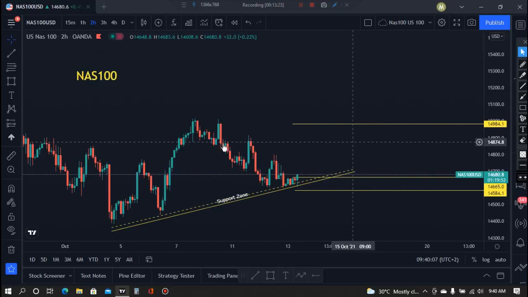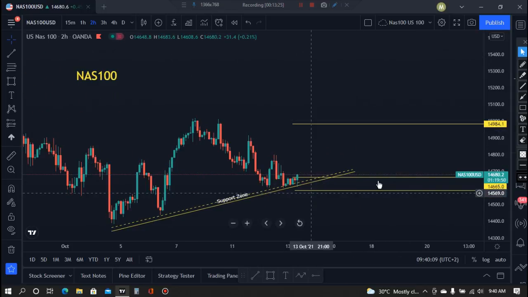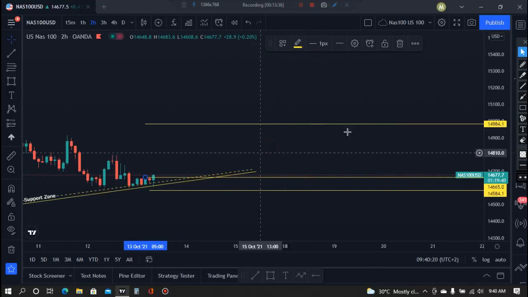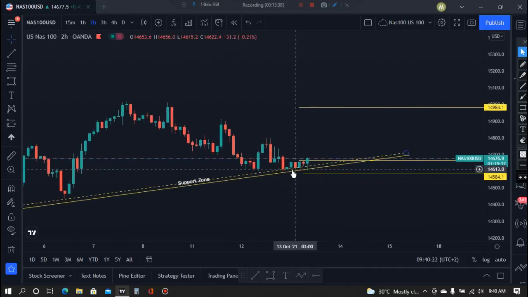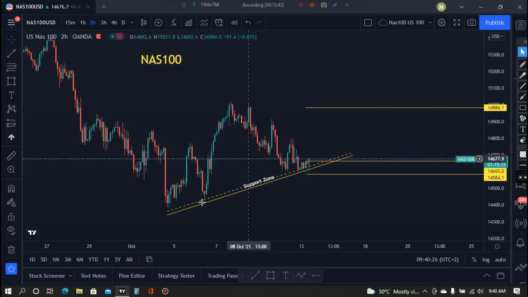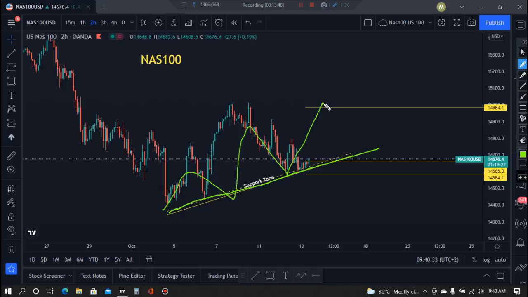So you can see that, okay, here it's a signal. We had a pending order here. In this area, the market just touched the support. Or let me just show you how it works. You can see that we have a very nice support here, which shows that the market is about to push up.